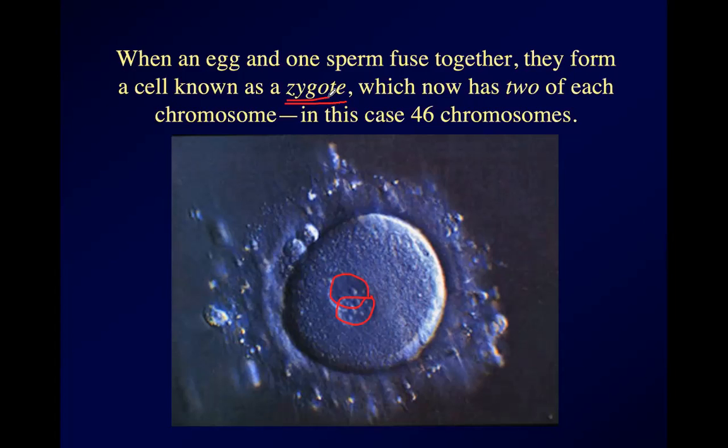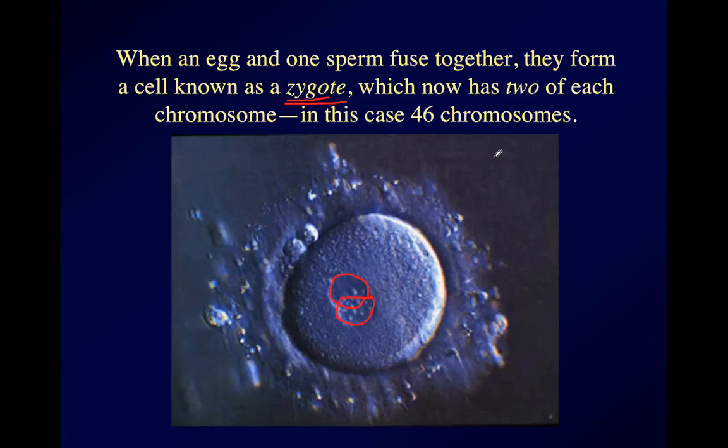A yoke is something that links two things together. And a zygote is thus a thing in which two things are yoked together. That refers to the joining of the nucleus from the sperm cell and the nucleus from the egg cell. And the fused nucleus now has 2 of each chromosome, in this case 46.